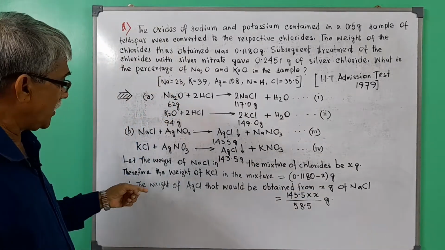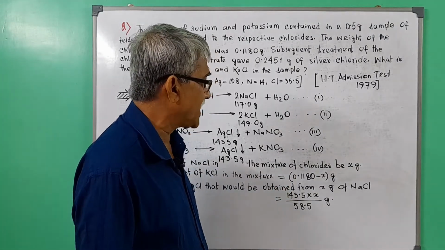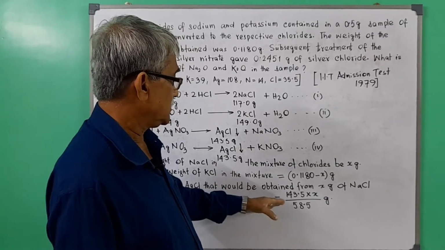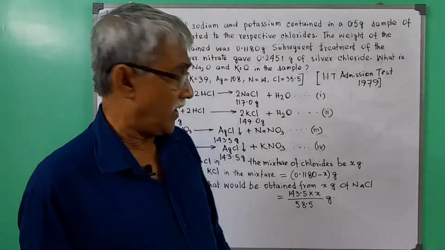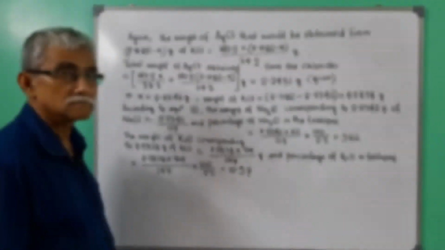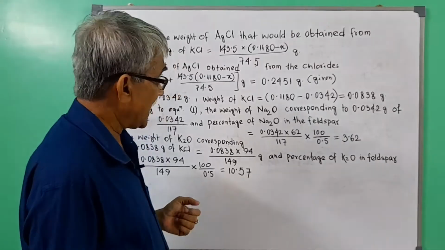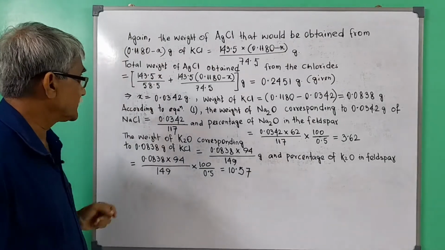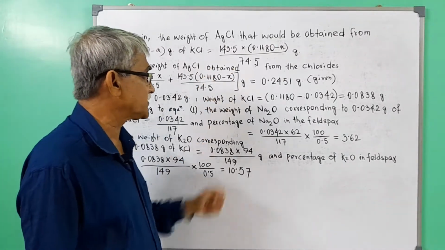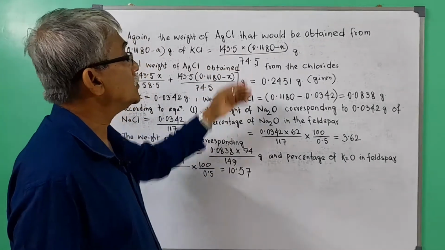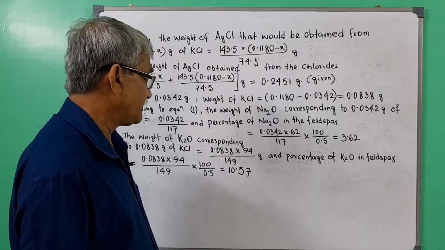Therefore, the weight of the AgCl that would be obtained from x gram of sodium chloride, very simple equation, is 143.5 into x upon 58.5 gram. Again, the weight of the silver chloride that would be obtained from 0.1180 minus x gram of KCl equals 143.5 into (0.1180 minus x) upon 74.5 gram.